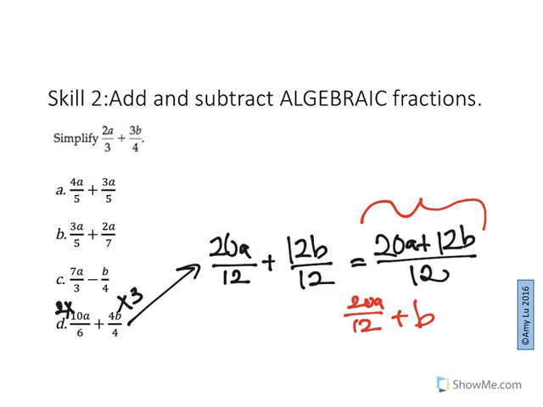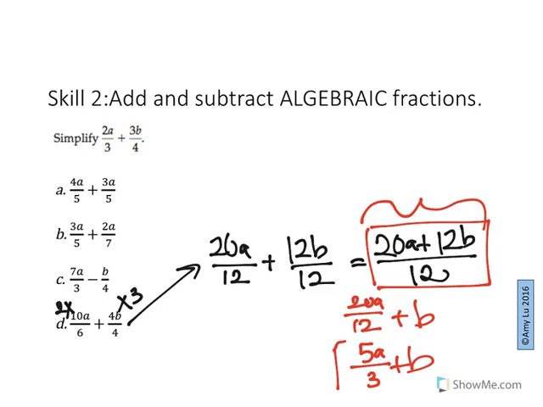You can simplify the 20a over 12 into 5a over 3 plus b, because you can divide 20 and 12 by 4. If you were to write this first expression on the test, that works. But if you can eventually get to a more simplified version like that, that's awesome. Of course, it depends on what's being asked of you on these tests. And that's it.